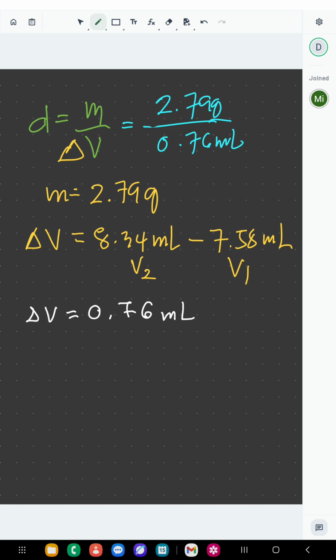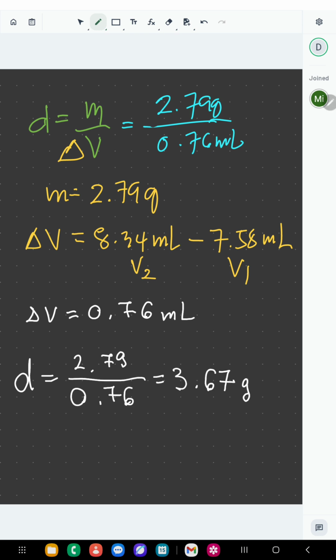Okay. So what is the answer here? 2.79 grams divided by 0.76 milliliter. Okay, grams per milliliter. Yeah, that's correct.